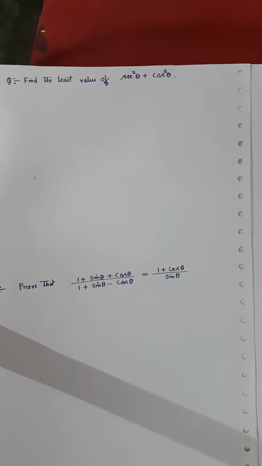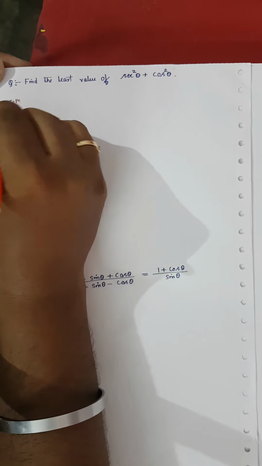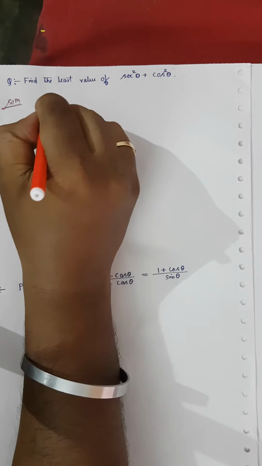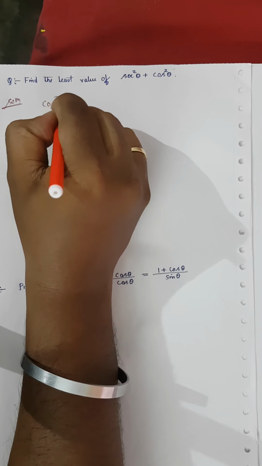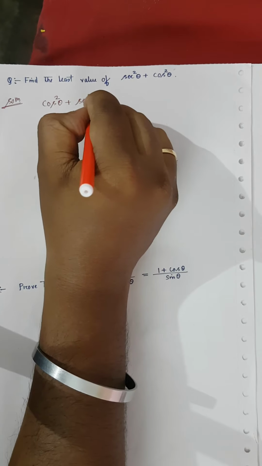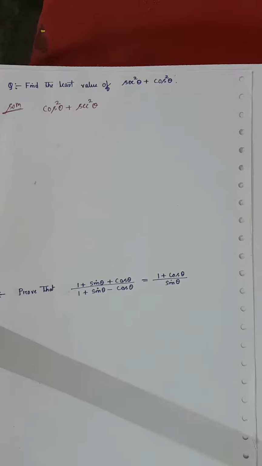Now it is number 6. Find the least value of sec square theta plus cos square theta. So solution, you are given cos square theta plus sec square theta. So what is sec theta? Sec theta is 1 by cos theta.